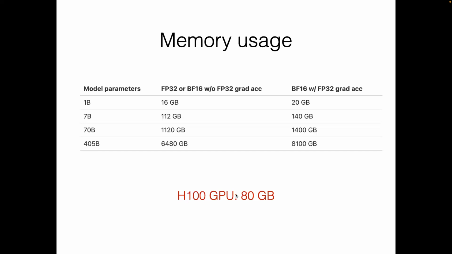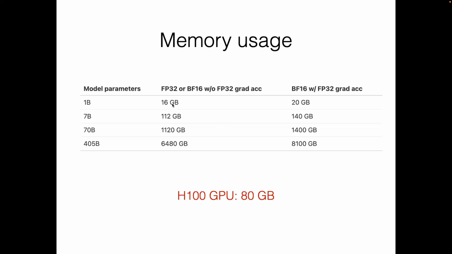Let's say you get an H100, a decent GPU, and it has 80 gigabytes of memory. Let's say we have this 1 billion parameter model, and we do what I was saying before: BF16, and then you do the gradient accumulation with FP32.